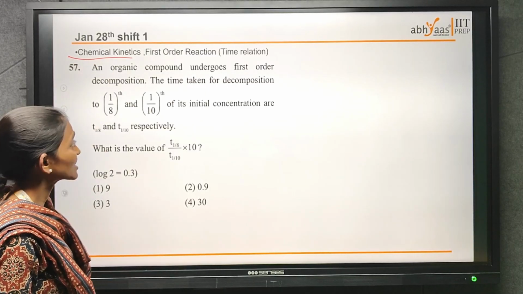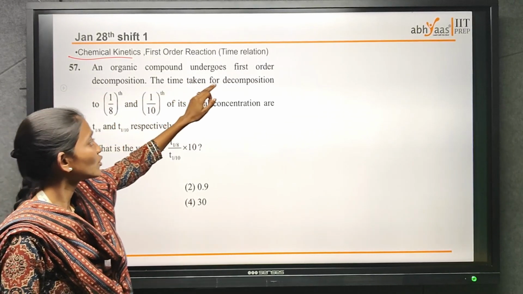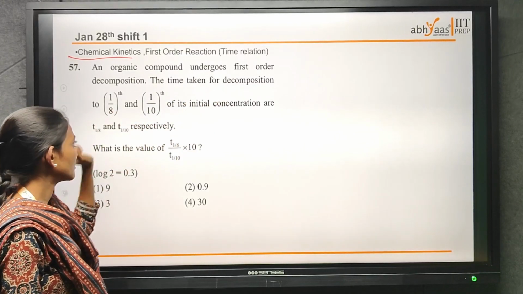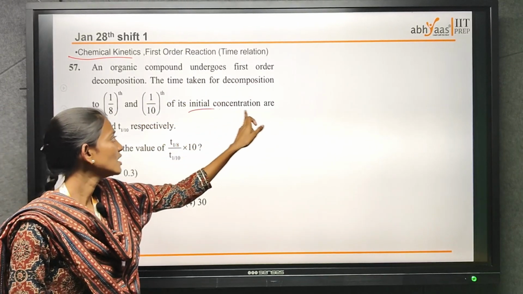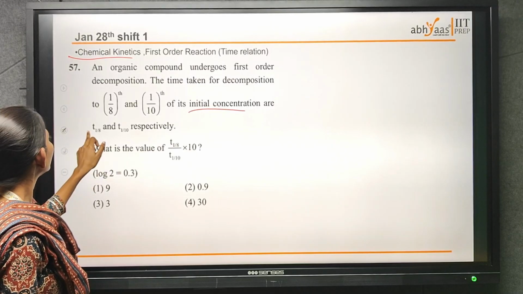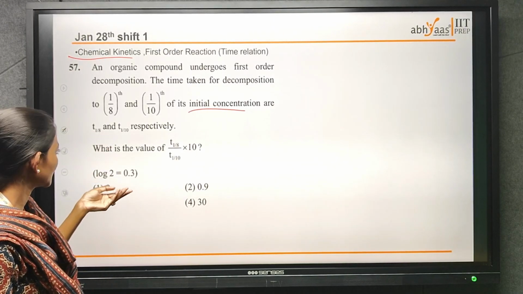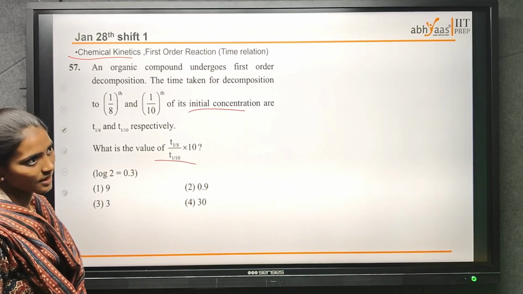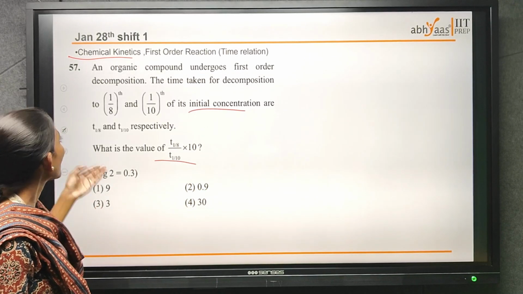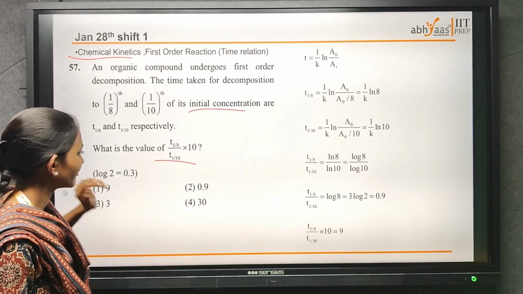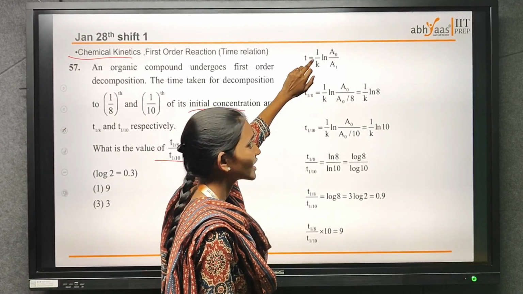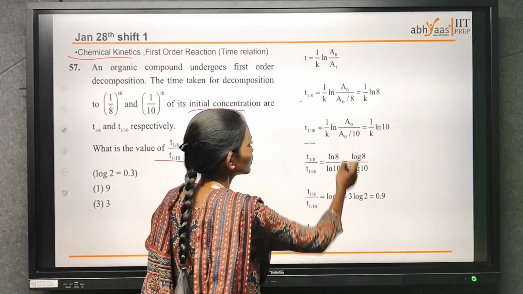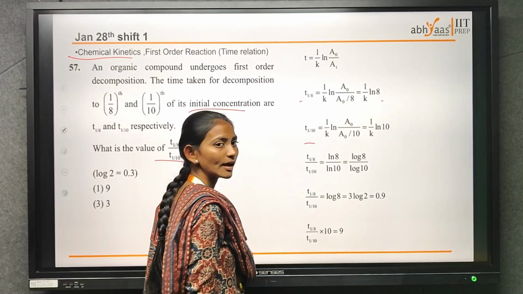This question is asked from chemical kinetics. An organic compound undergoes first order decomposition. The time taken for decomposition of 1/8 and 1/10 of its initial concentration, t 1/8 and t 1/10 respectively, is given, and they are asking for the value of their ratio. If you apply t equals 1/k ln A0 by A, with 1/8 and 1/10, k cancels, leaving ln 8 and ln 10.